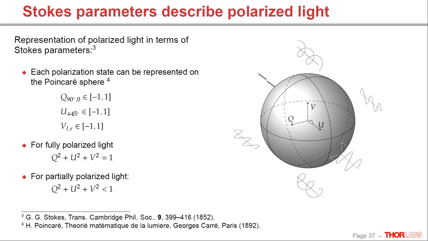If we draw that as a vector at the origin here, if we have fully polarized light, the sum of all that is 1, so the vector is pointing to the surface of this unit sphere here. And if the vector is shorter, it's not fully polarized light.